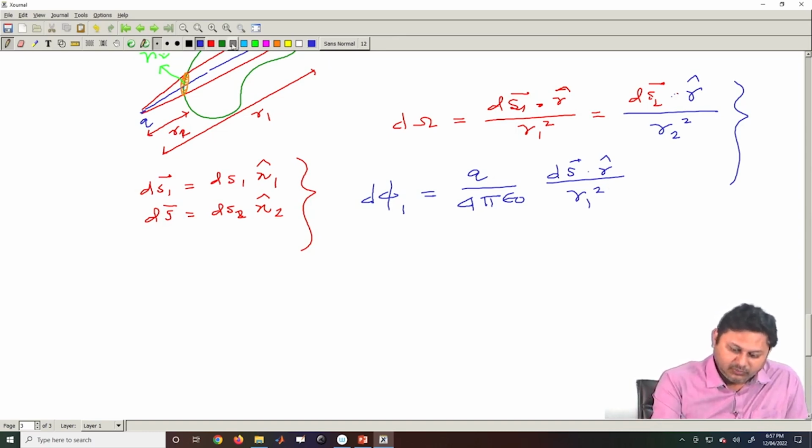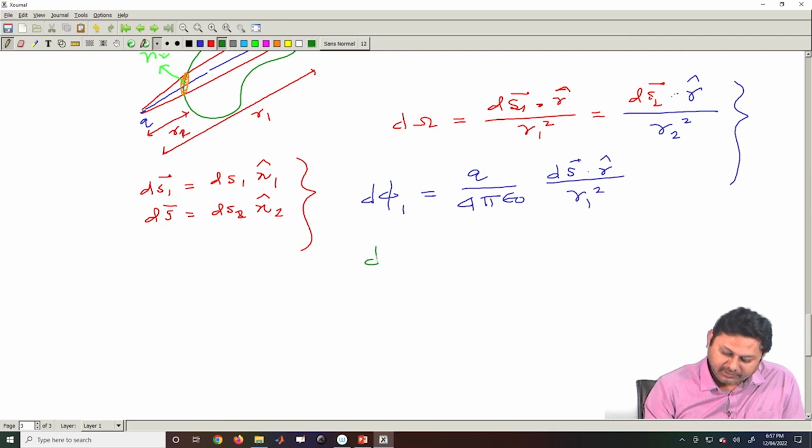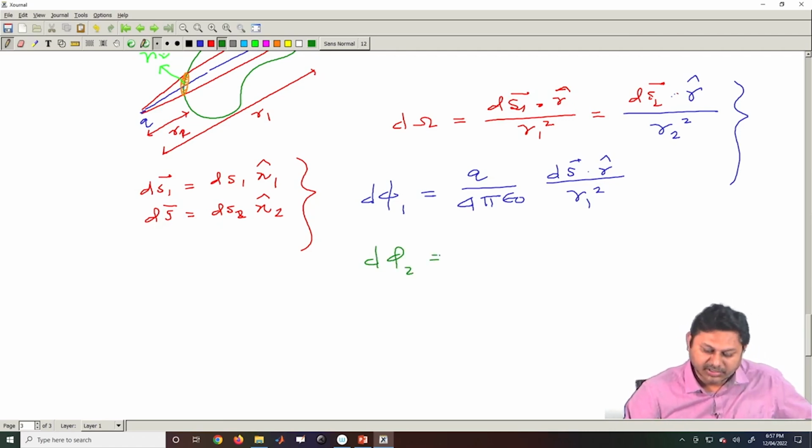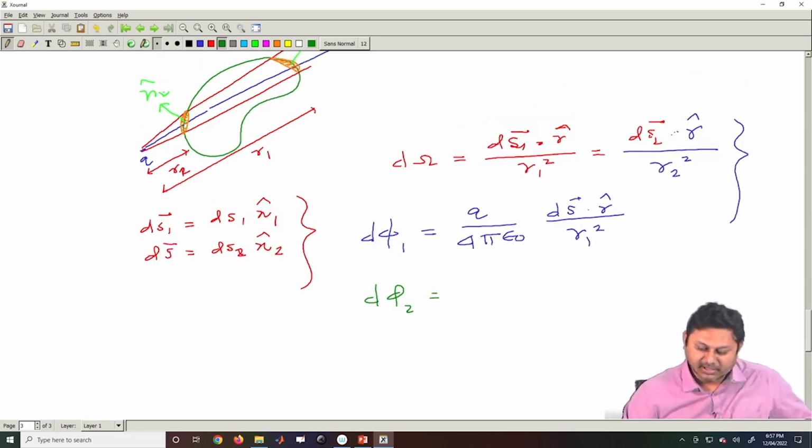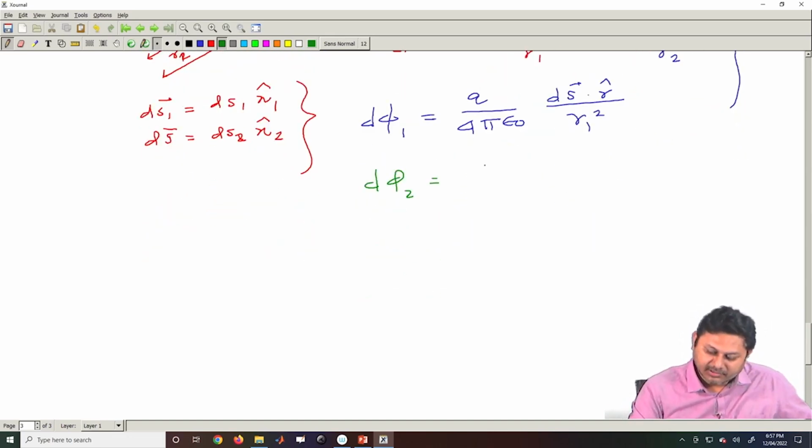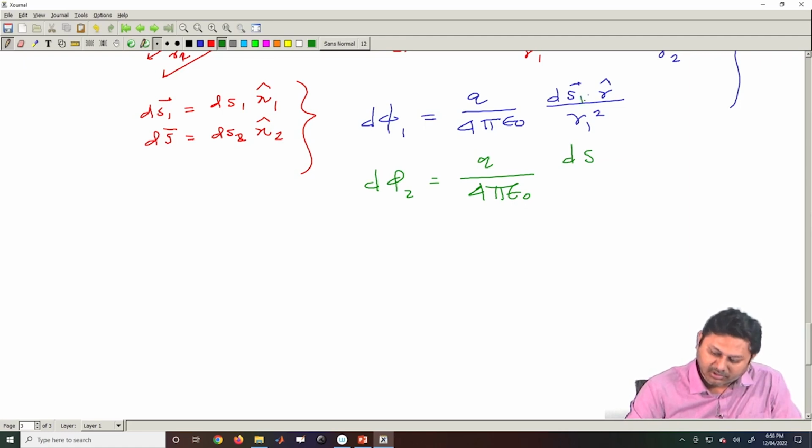And d phi 2, the flux due to this S2 area, is q divided by 4 pi epsilon 0. This quantity will remain unchanged. Then we have d s 2 and again r unit vector dot d s 2 vector divided by r 2 square.